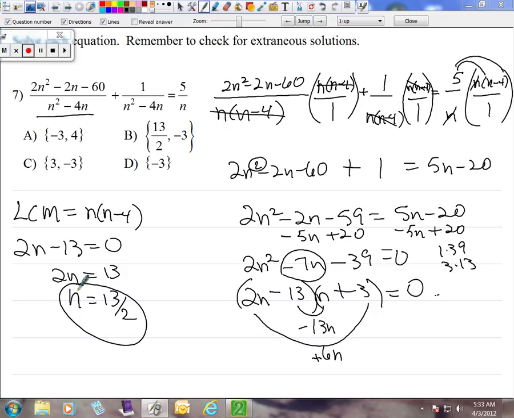In fact, you can look at the factored form and tell what's going to make it 0. If n is 0, it would make it 0, wouldn't it? Or if n was 4. Since none of those were our answers, we know right away that these are okay. And the second one, n plus 3 equals 0, so n equals negative 3. So our answer is B.